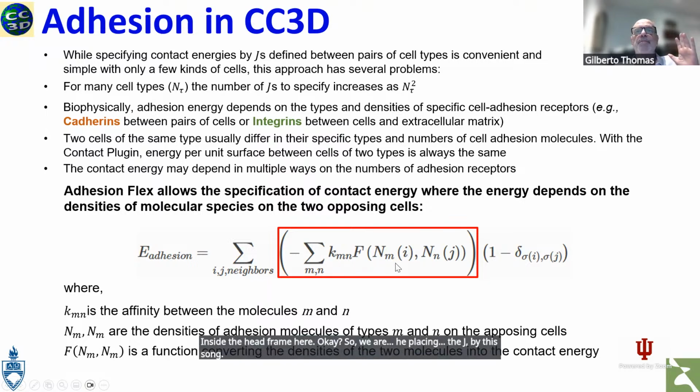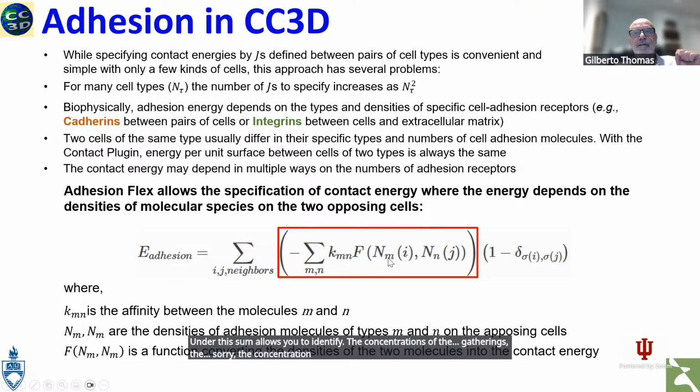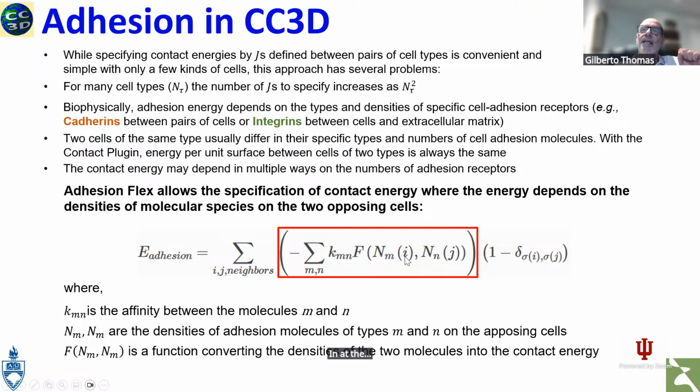And this sum allows you to identify the concentrations of the cadherins, the concentration of molecules M and N at the cell I and the cell J. And they interact through a binding formula that will be defined by you.